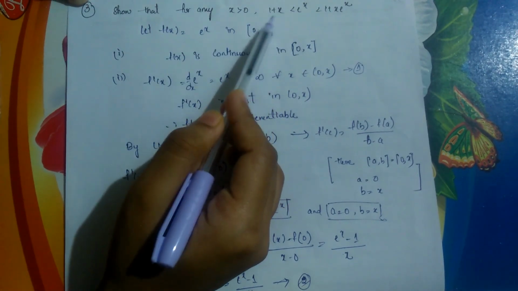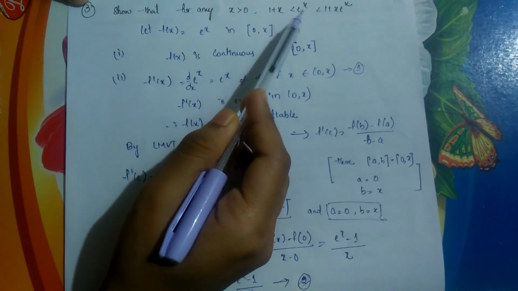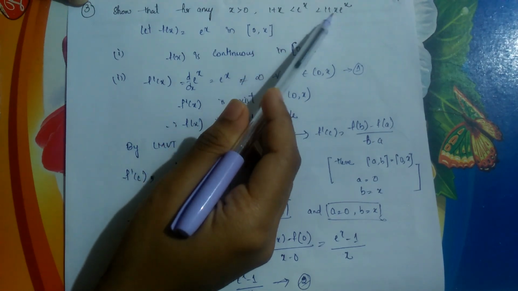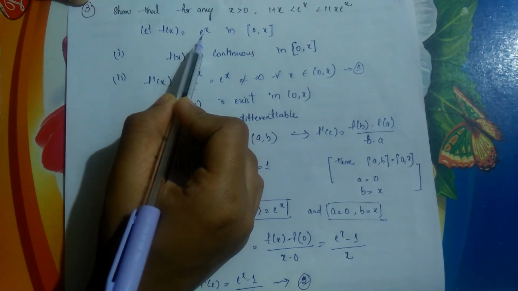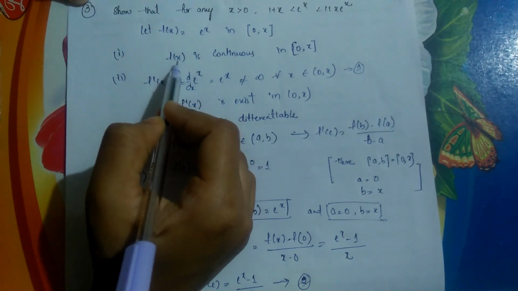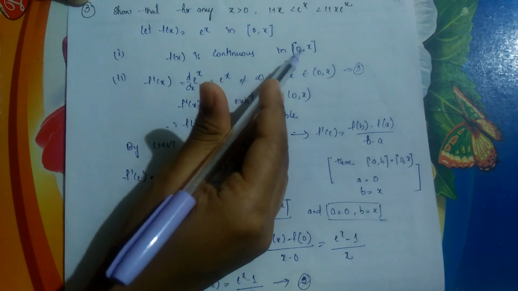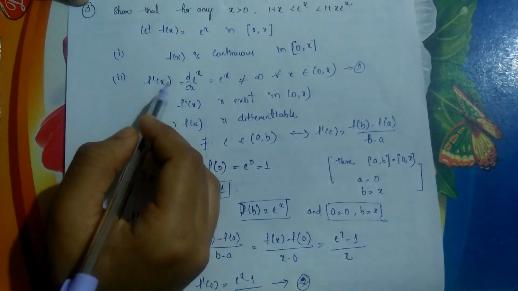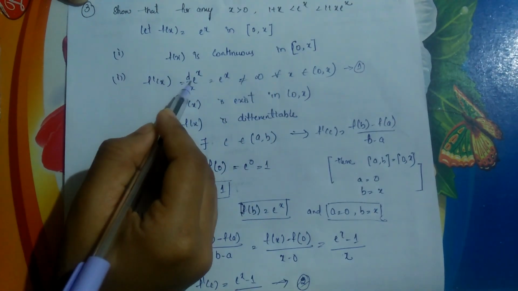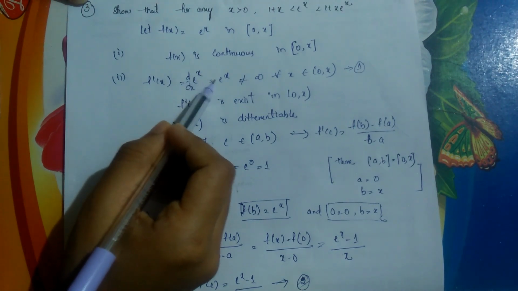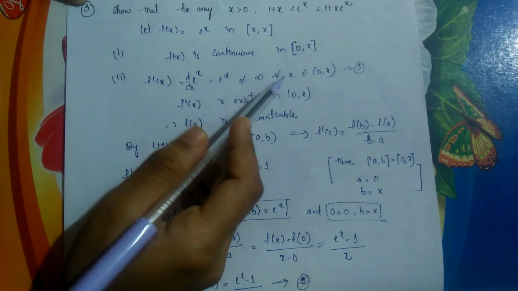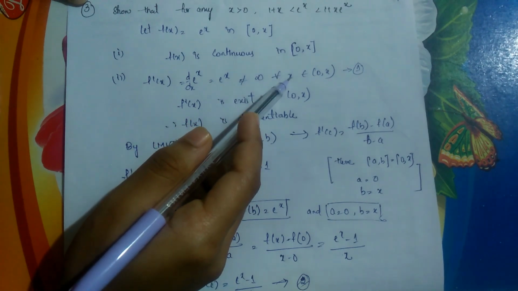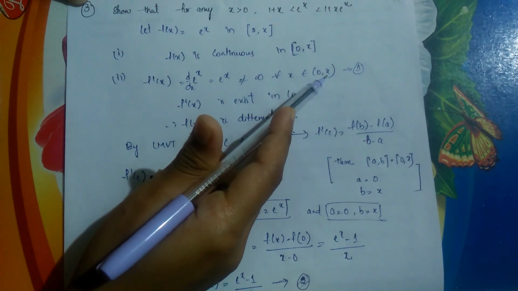So we have to prove the condition 1 plus x less than e power x less than 1 plus x into e power x. We know that the exponential e power x is always continuous, so f of x is continuous in the interval 0 to x. Then the derivative f dash of x is the derivative of e power x, which is e power x, and this is not infinity for any value of x in the open interval 0 to x.